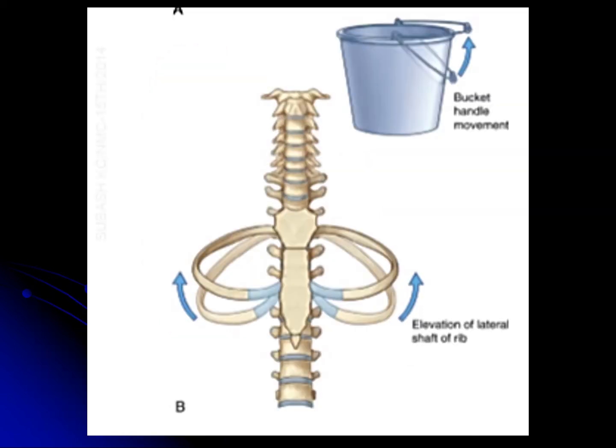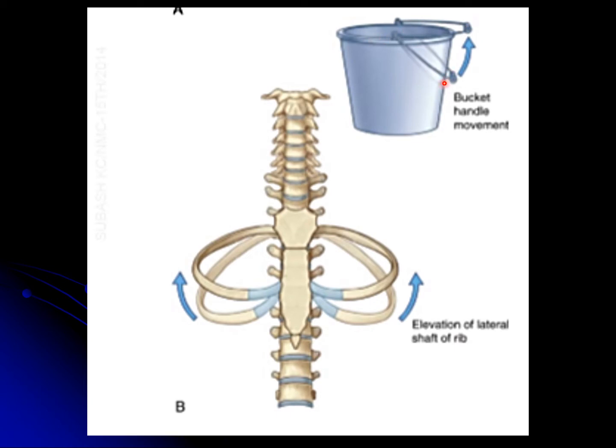The second type of movement which takes place in the thoracic wall is known as bucket handle movement. As we can see, the handle of the bucket lies against the bucket, but when we raise it or uplift it, the diameter between the center and the handle is less as compared to the diameter when it is raised up, parallel to the bucket's upper surface.